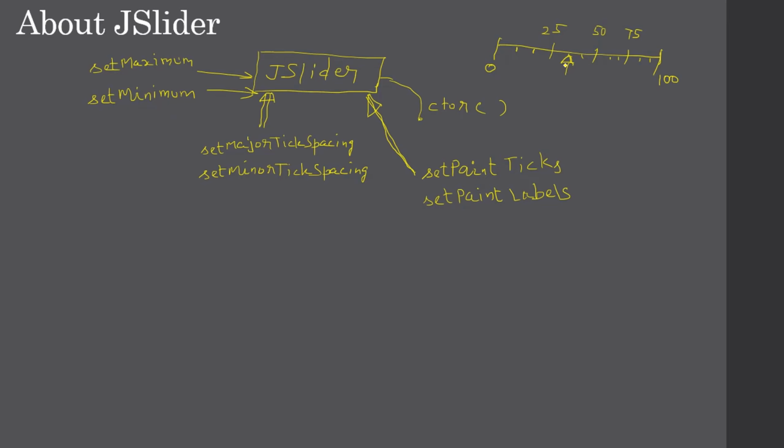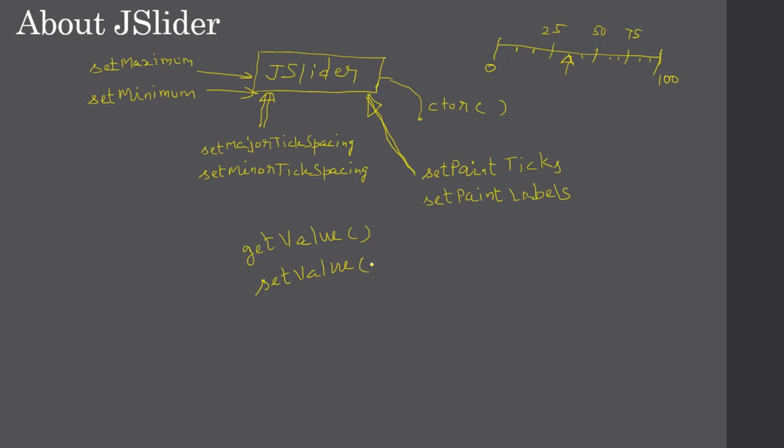So we can get where the slider thumb is based on the getValue method. The getValue tells where exactly the slider is. You can also use the set version of this function to move the slider to a specific location.